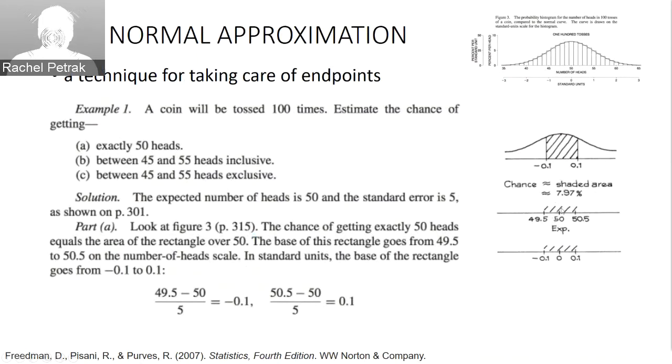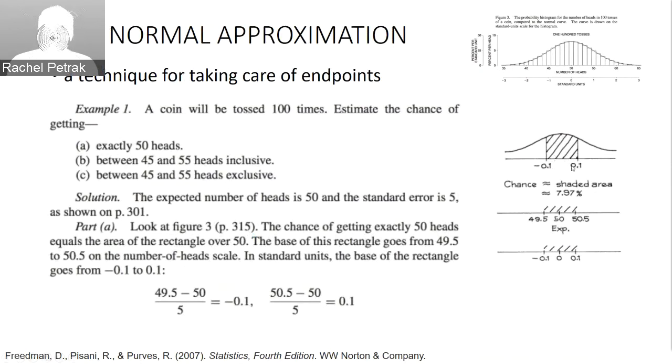As you can see, the base of the rectangle goes from 49.5 to 50.5 because we want the complete area that encompasses 50. We can convert these boundaries to standard units, as you see, and the standard units become negative 0.1 and positive 0.1.